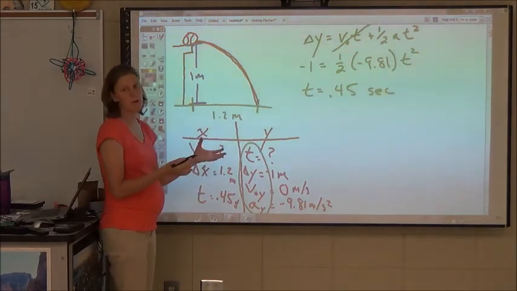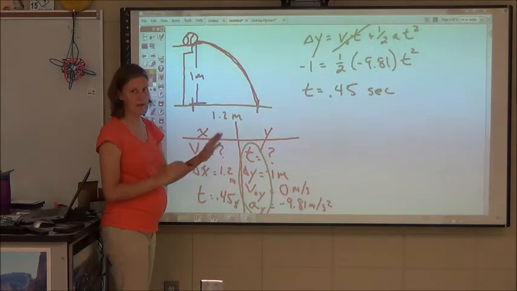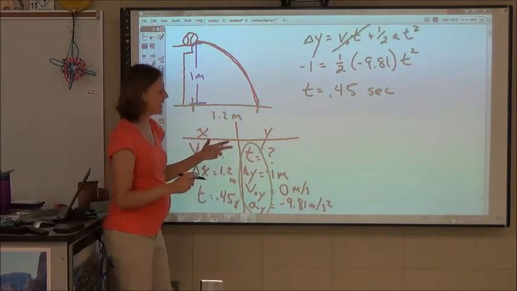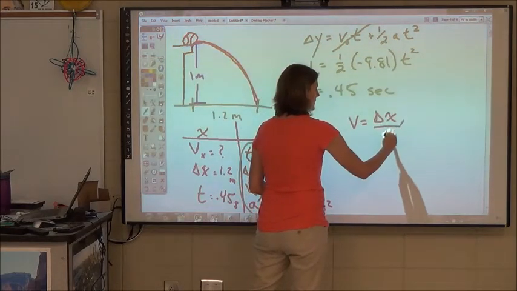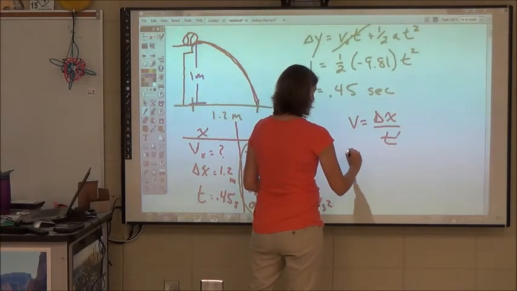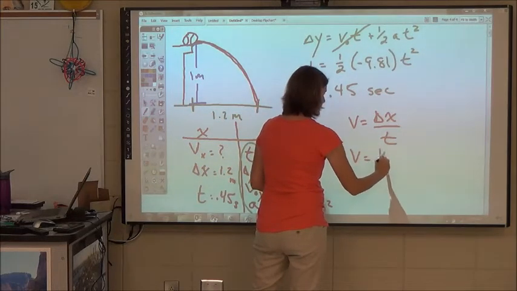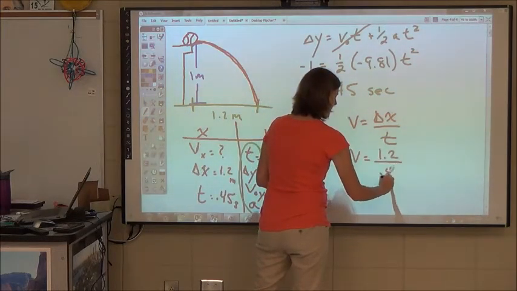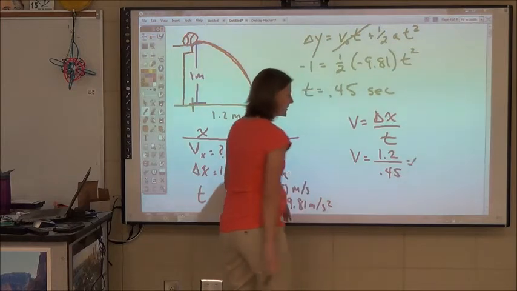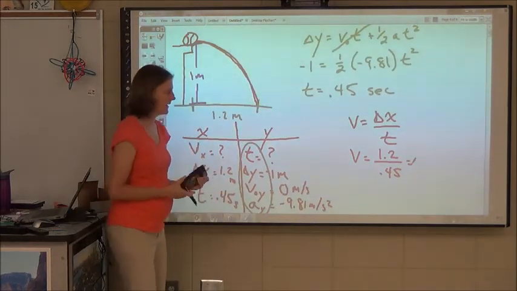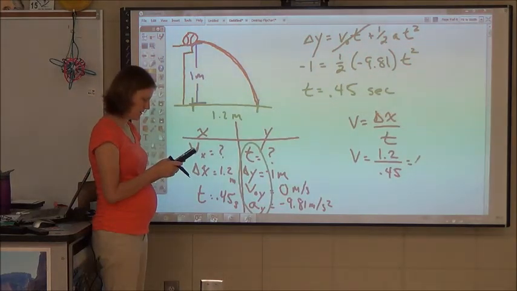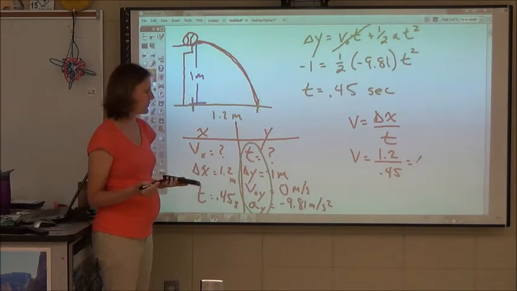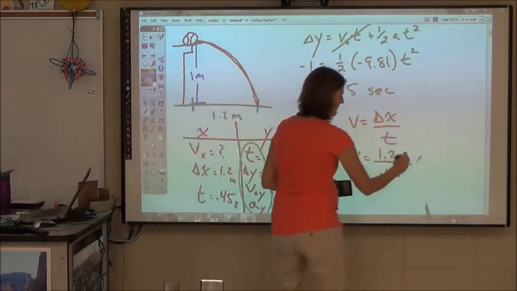There's only one equation I'm going to use in the x direction ever, and that is velocity equals displacement over time. And that gives me 2.6 repeating meters per second.